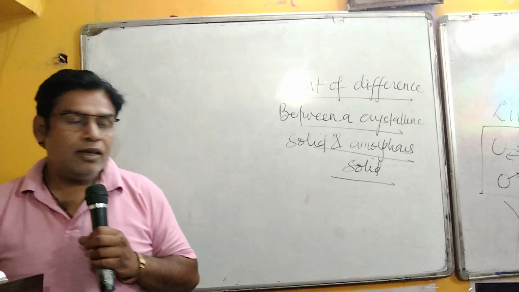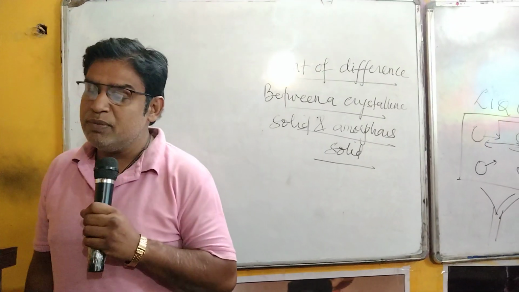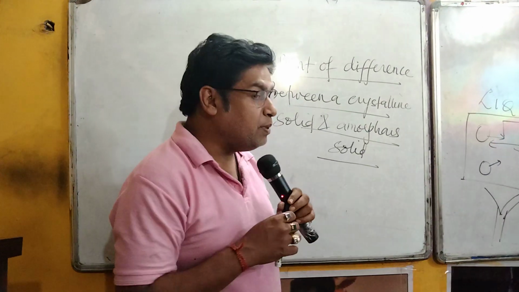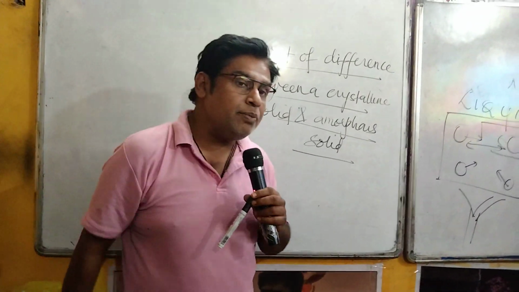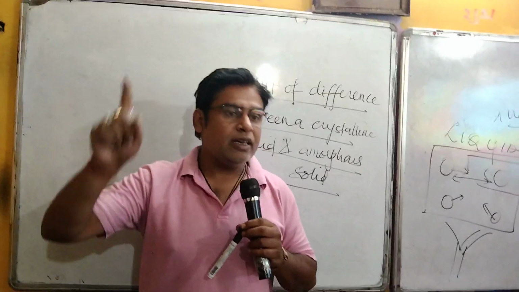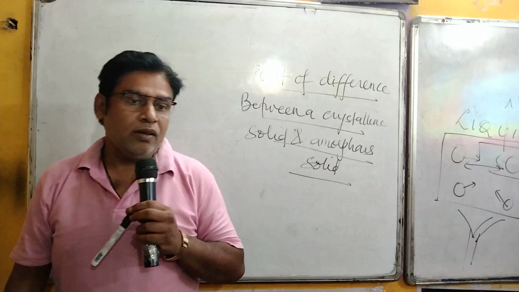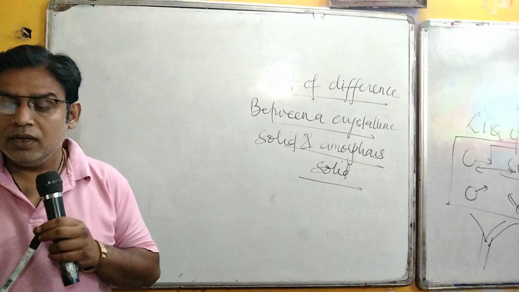If I talk about the arrangement of particles, I am talking about the species. Basically, what I am talking about is species. Species can be atom, ion, or molecule. I repeat, the species can be atom, ion, or molecule.